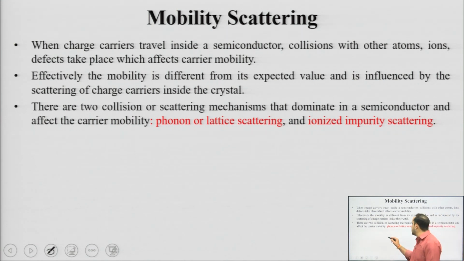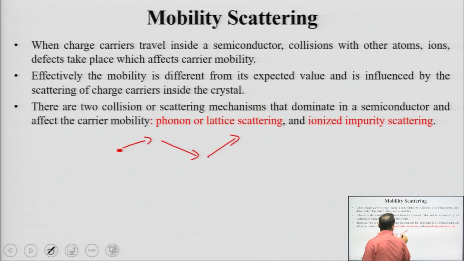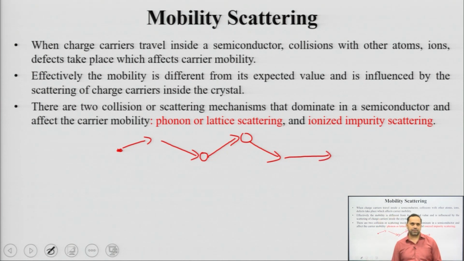An electron moving in this direction might collide with an ion, or with another defect, and change its path, but eventually it reaches its objective. So, this is the kind of path which charge carriers can take. There is continuous scattering, but the overall direction is the same. Electrons move from negative to positive and holes move from positive to negative.